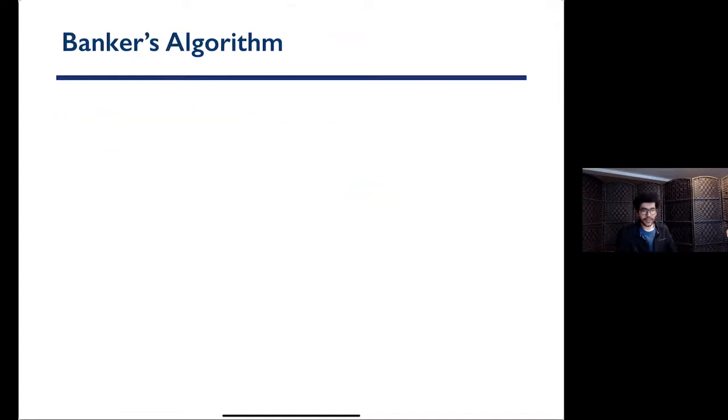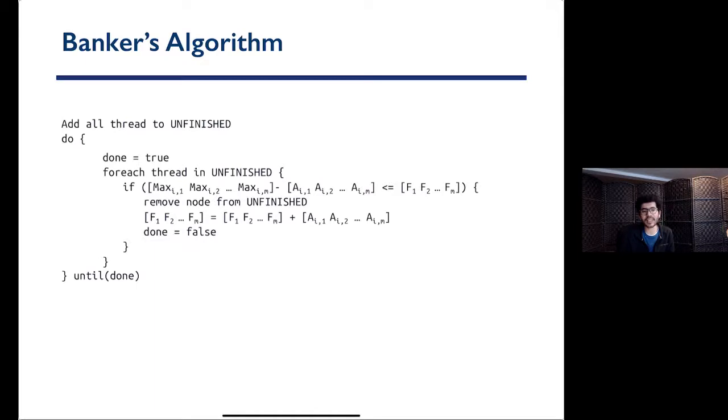Now, given this definition of safe and unsafe, I can now define Banker's algorithm. So this is basically identical to deadlock recovery. The only thing I added is instead of checking for the request and comparing request with F, I'm checking max minus A with available.